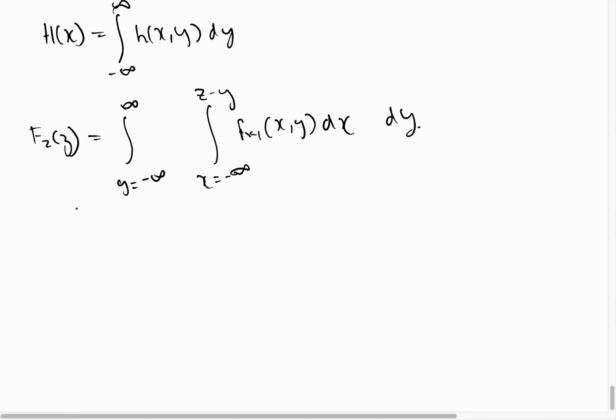We need to apply Leibniz rule two times. Before we penetrate to the inner function, we will have to apply Leibniz rule to the outer integral, and then we'll go to the inner integral.